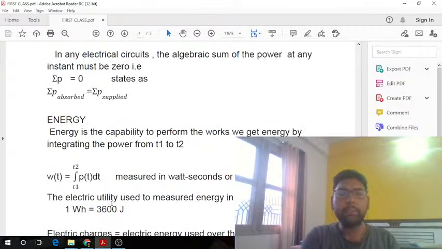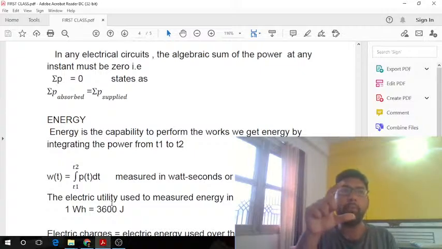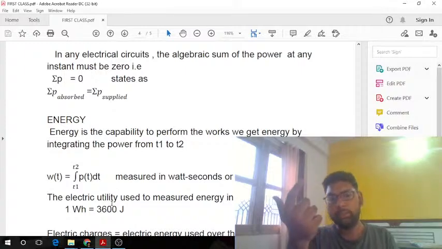Energy is the capacity to perform work. We get the energy by integrating the power from T1 to T2, that is W(t) is equal to the integral of P(t) within the time limits.